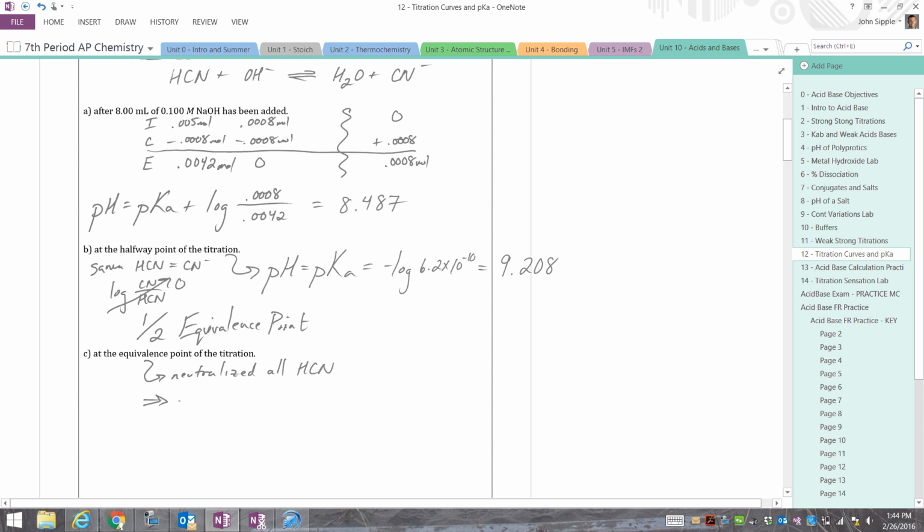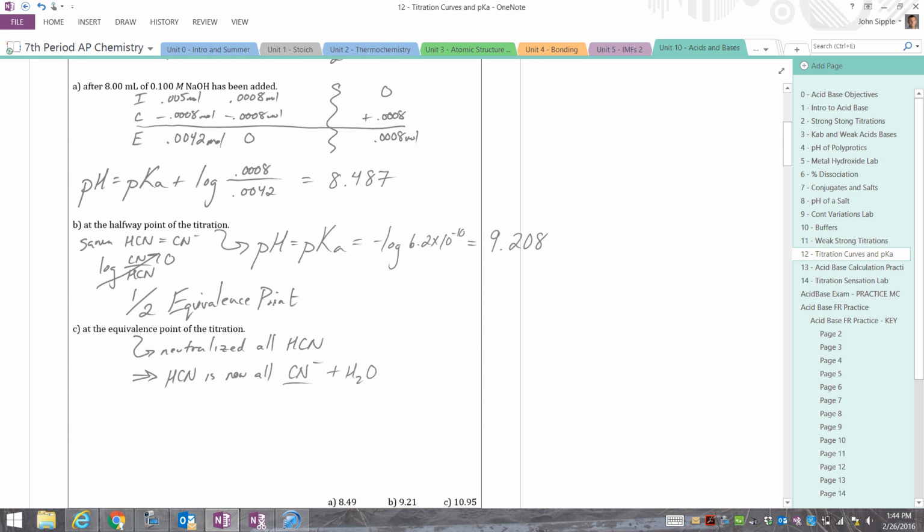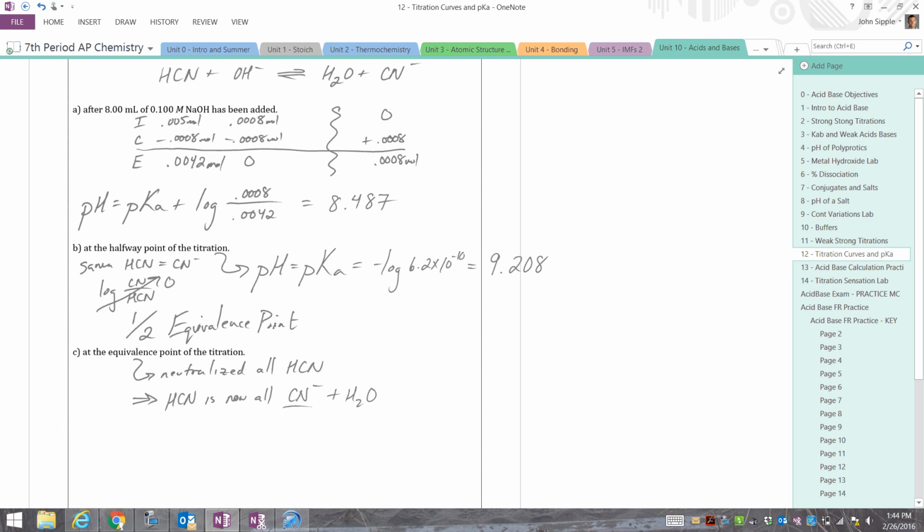That's the only stuff we have floating around in solution, CN minus and H2O. We converted it all into CN minus and water.